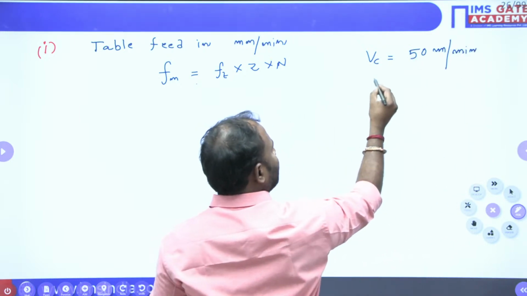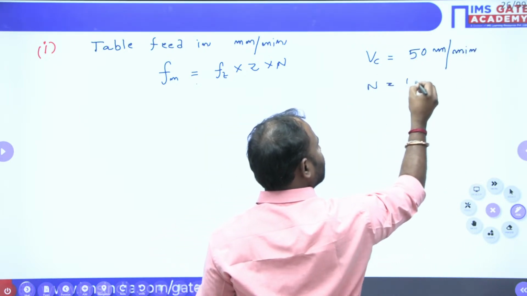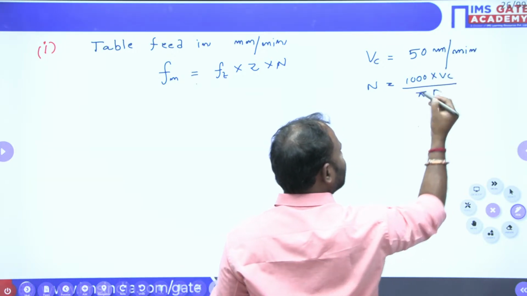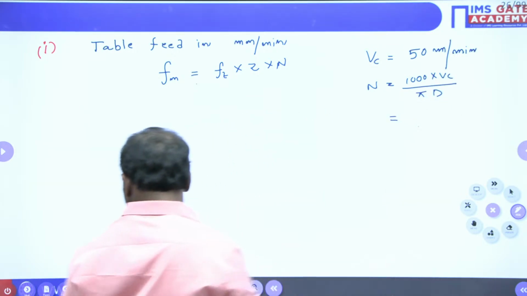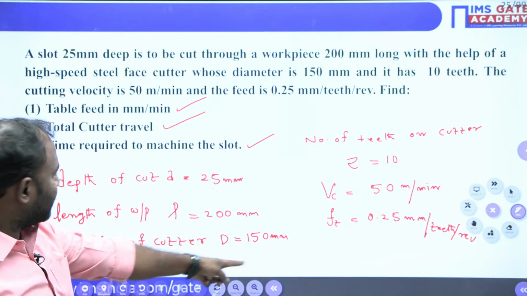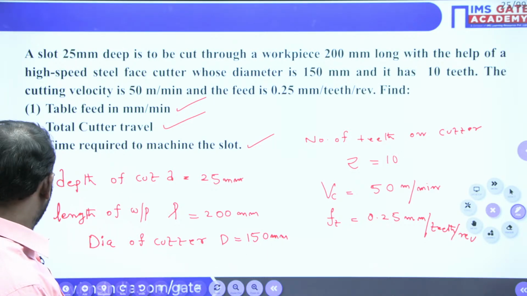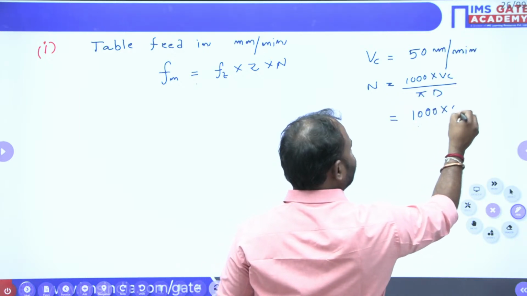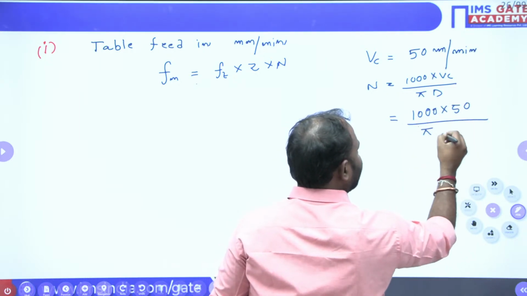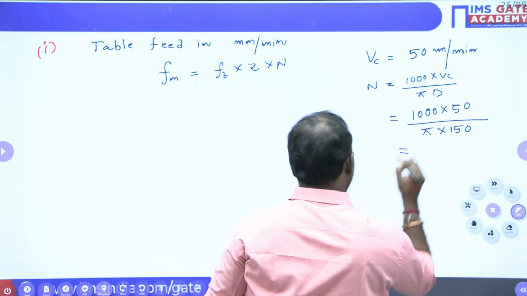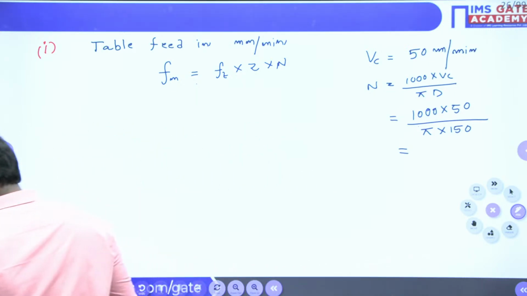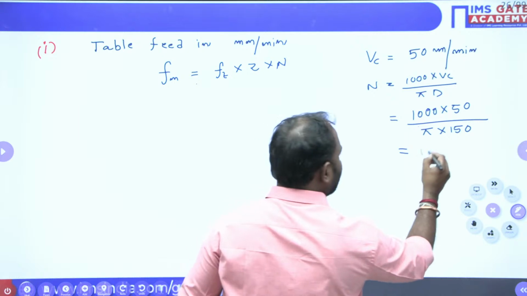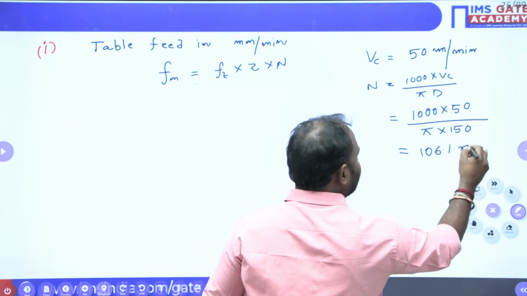From there, N is equal to 1000 into Vc divided by pi into D. The diameter of the cutter is given as 150 mm. Now let us substitute: 1000 into 50 divided by pi into 150, so that you get 106.1 RPM.